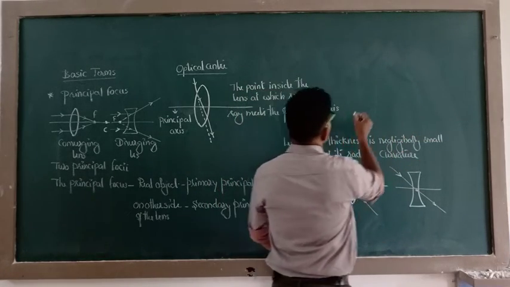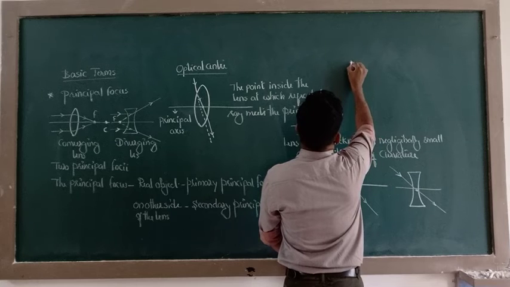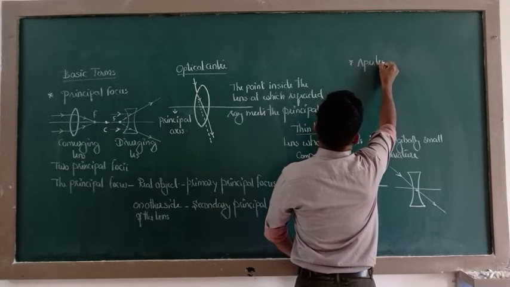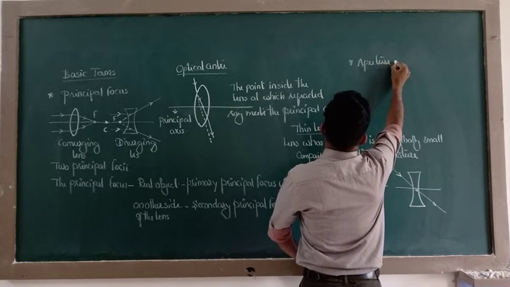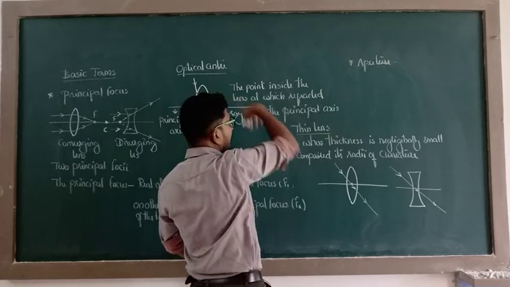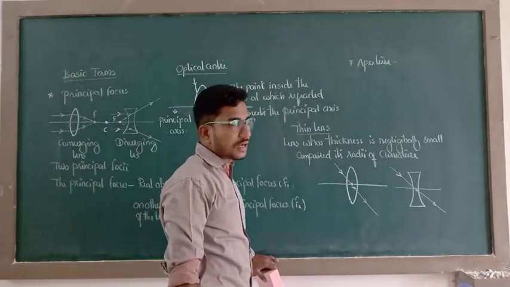So another term, aperture. Already we know the definition for aperture: the diameter of the circular boundary of the lens is known as aperture.